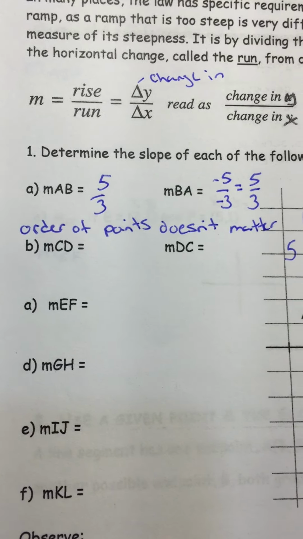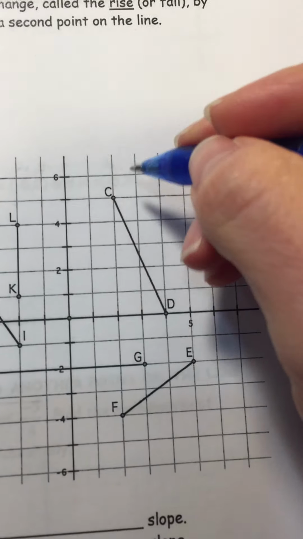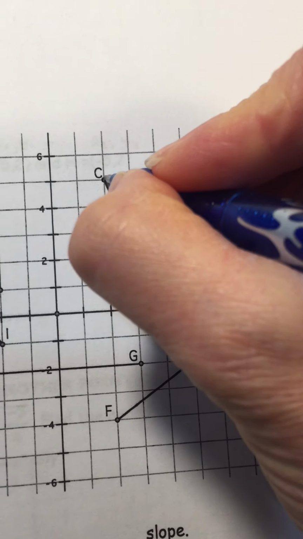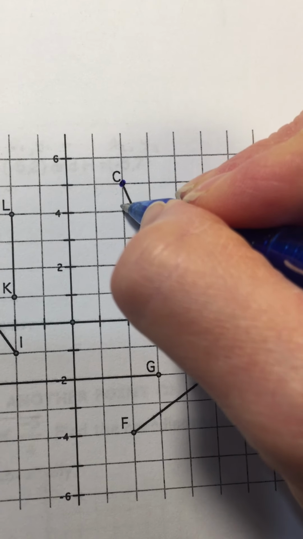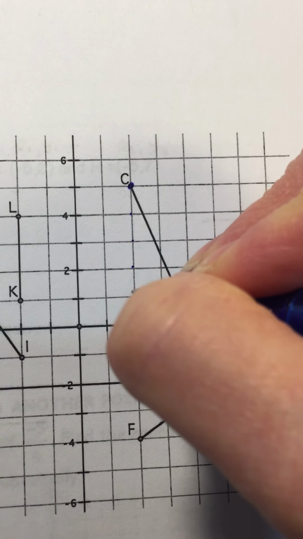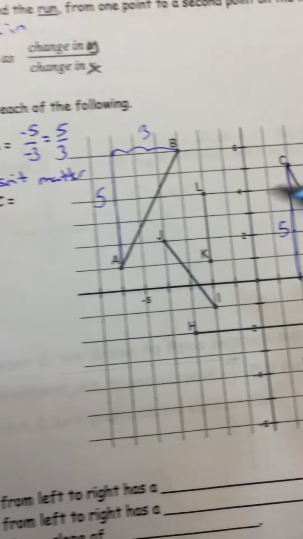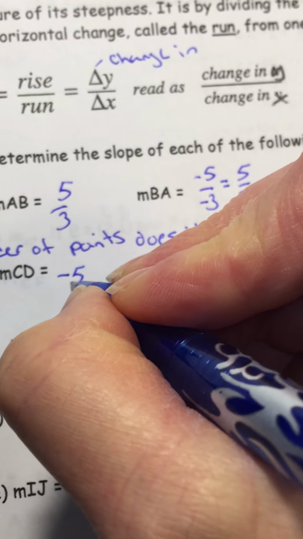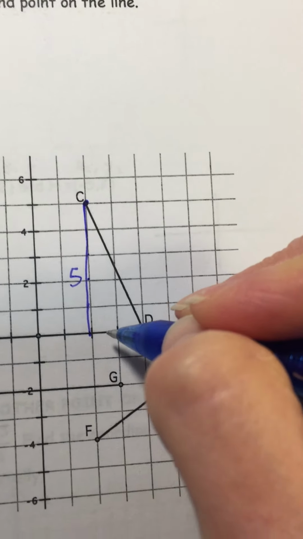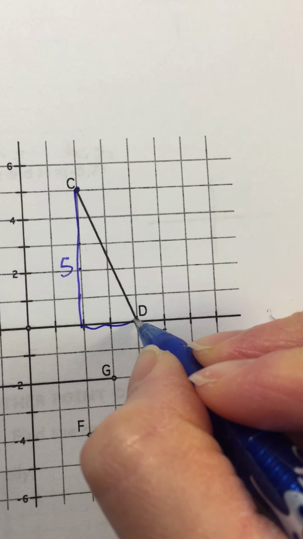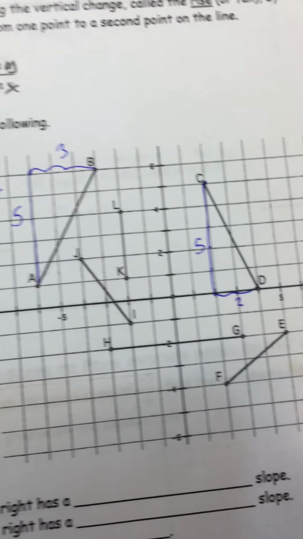Okay, let's try that with the slope of CD. Slope from C to D. I'm going to start at C and I'm going to go down 1, 2, 3, 4, 5. So I'm going a rise of -5. And then I'm going to run 1, 2 in the positive direction. So my run is 2.